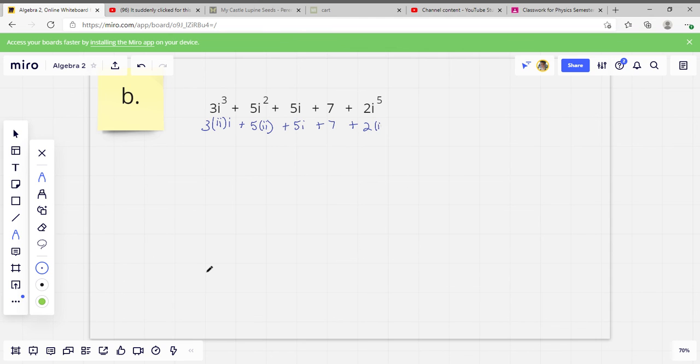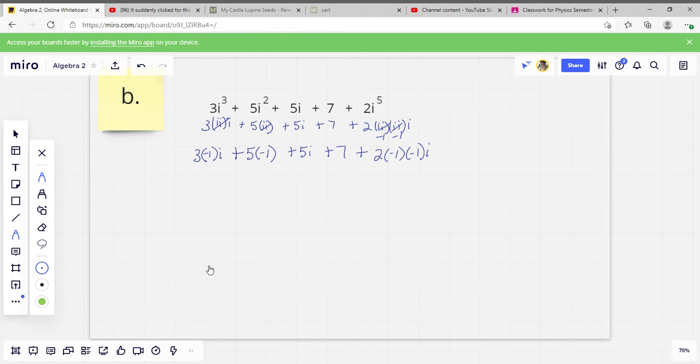That means we'd have 1, 2, and another 1, 2, and another 1. All right, so right here that's going to make negative 1. So 3 times negative 1i plus this will make negative 1. So 5 times negative 1 plus 5i plus 7 plus this is negative 1 and that's negative 1. So 2 times negative 1 times negative 1i.